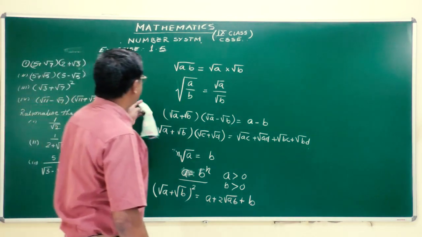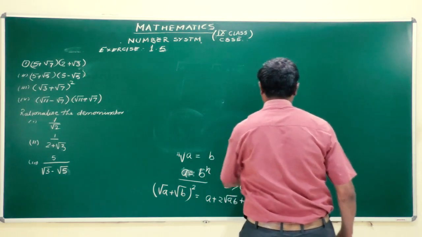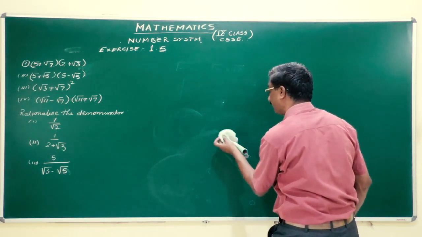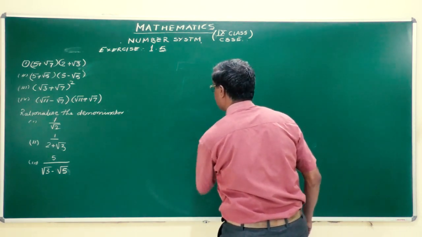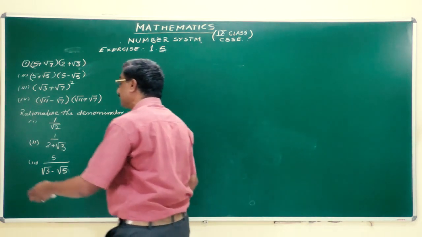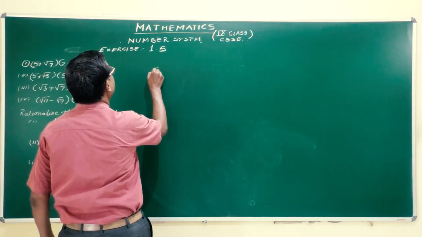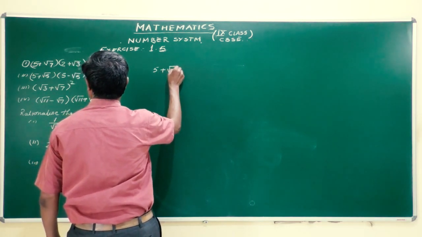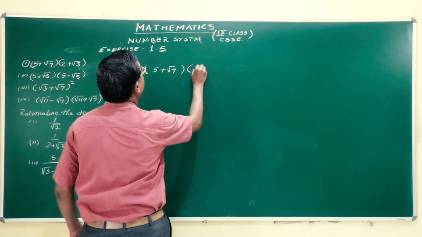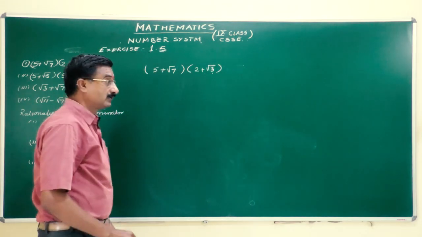By using these identities we will solve some examples. The examples are written on the board. We will start one by one, and the problems are very simple. It is not difficult. The difficulty level will slightly increase later on, but in the beginning there are very simple examples. That is 5 plus root 7 into 2 plus root 3.